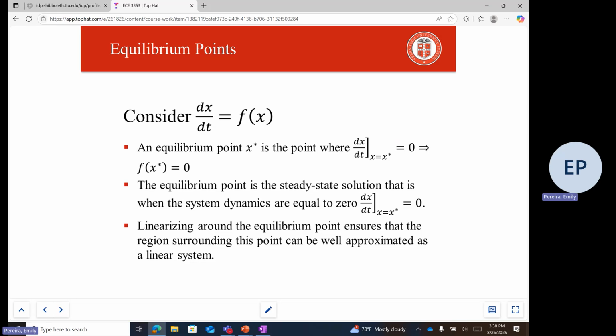And this is going to give us the steady state solution because this derivative is equal to 0. And so we can linearize around this equilibrium point so that we ensure that we get this steady state point.